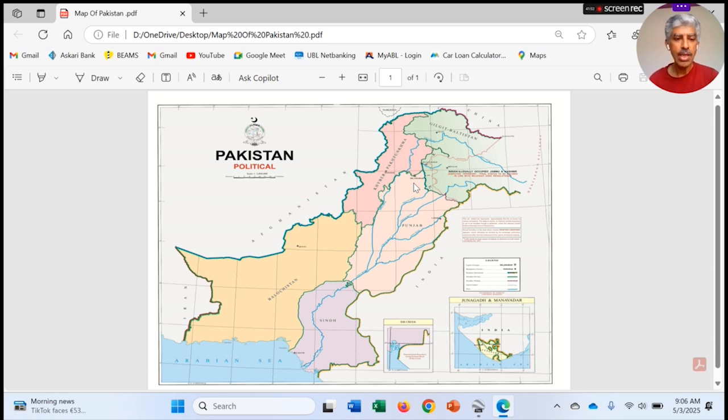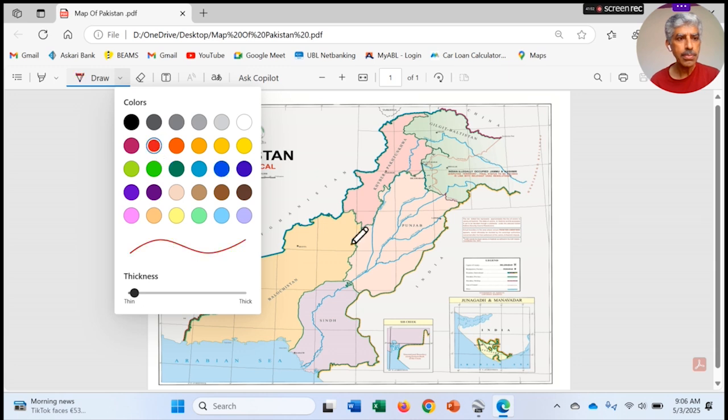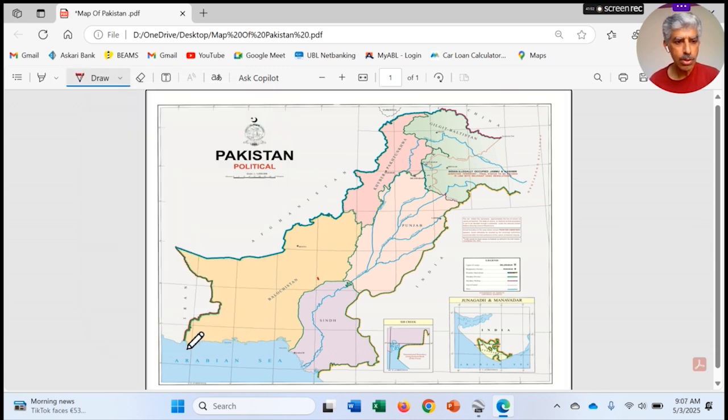Two provinces of Pakistan, Balochistan and Sindh, are on the coastline. So this is the Sindh, Balochistan coast, what we call the Makran coast.